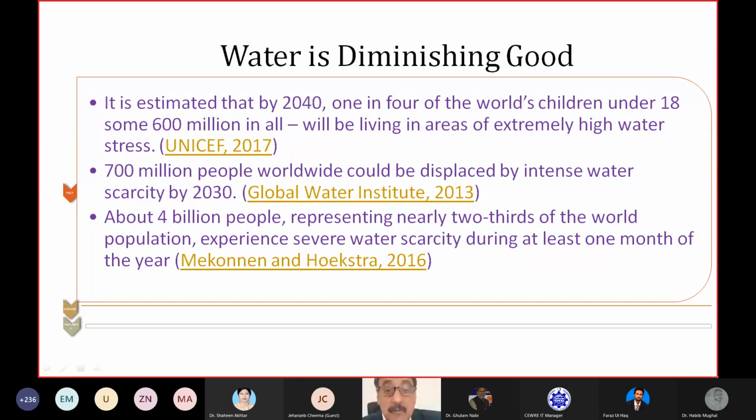So we looked at about 4 billion people, about two-thirds of the world population, who experience severe water scarcity at least 1 month of the year. Water is an area where you cannot live with scarcity even for a few days. And in 1 month, many crops will die and your livestock will vanish.